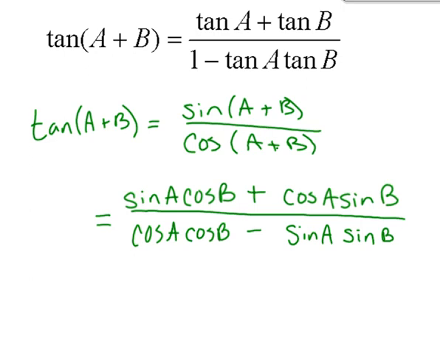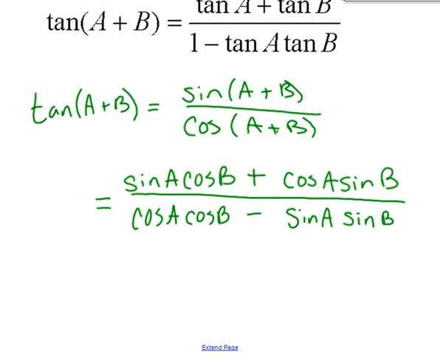All right, now we're going to take each one of those and do that same trick as we did on the other one, which was to divide by cosine of A, cosine of B. So we're going to take every single term.